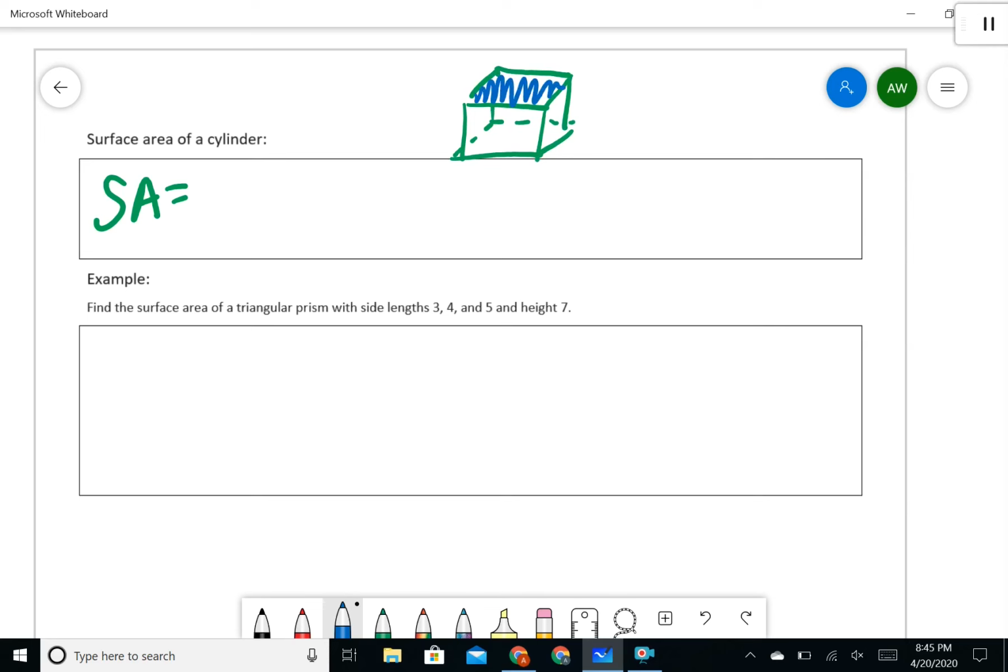And the area of that top piece was the area of the base. Now the second thing that I had was that bottom piece of wrapping paper, and that was also the area of the base. We know that the top and the bottom are exactly the same. So we're going to add another area of the base.